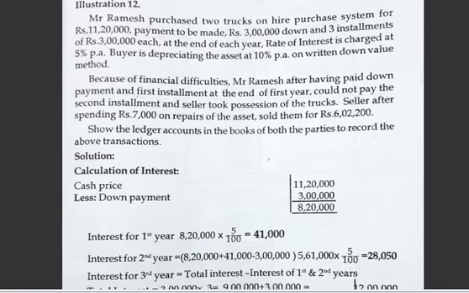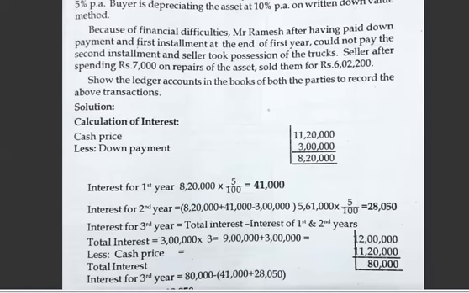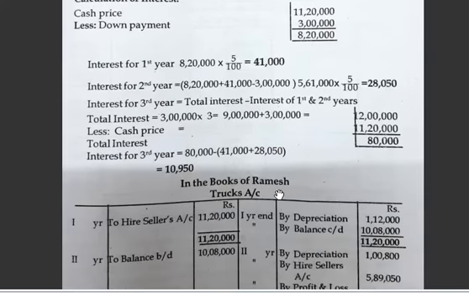Now the interest for the third installment. On the last installment you have to calculate from the total interest. The total hire purchase price is 3 lakh into 3 plus 3 lakh, which is 12 lakh, less the cash price of 11 lakh 20,000, so the total interest is 80,000. 80,000 minus 41,000 minus 28,050 leaves 10,950.